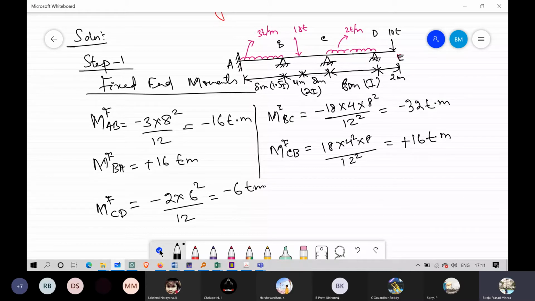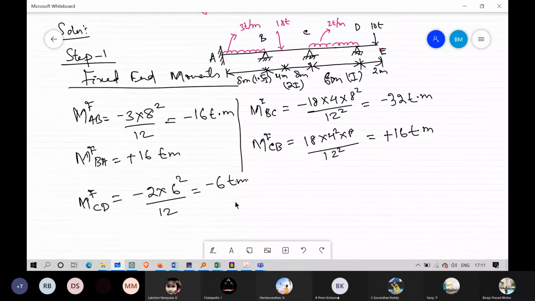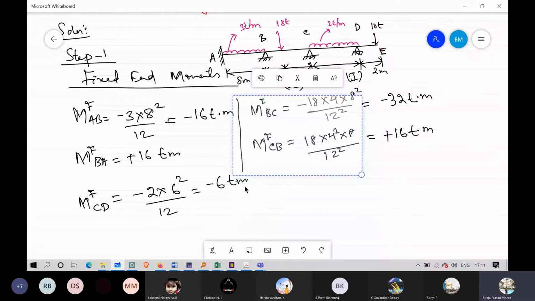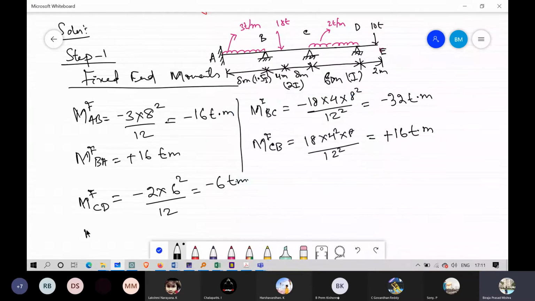Okay, similarly MFDC equals plus 6 ton meter. Now, who can tell what about DE?